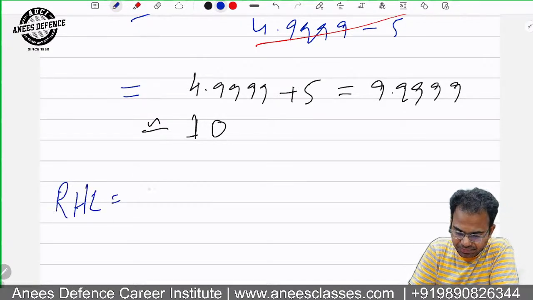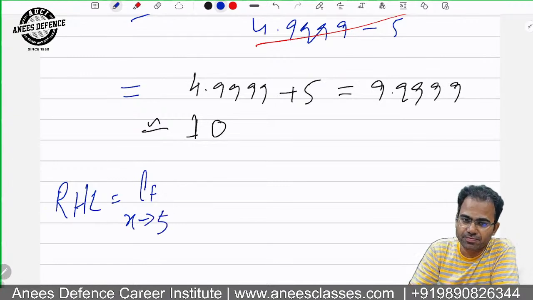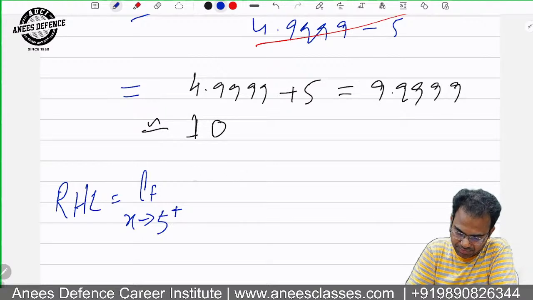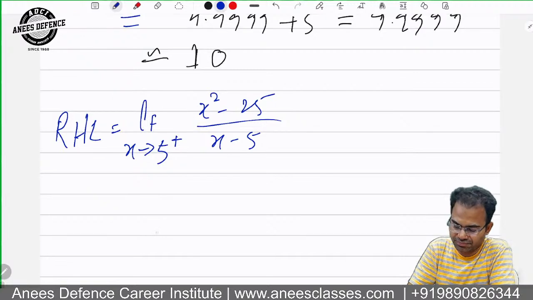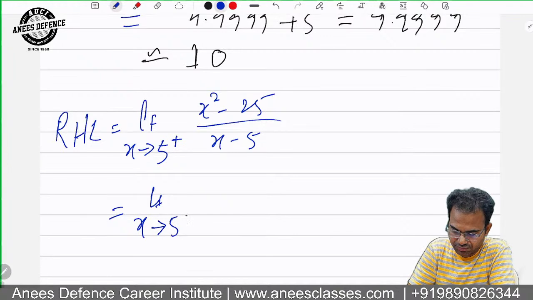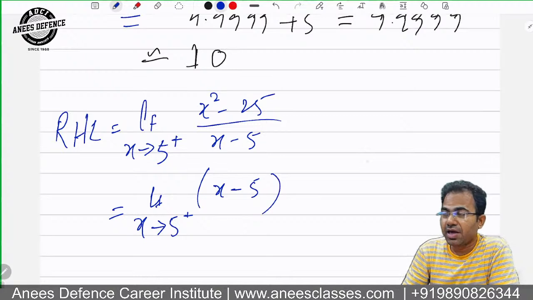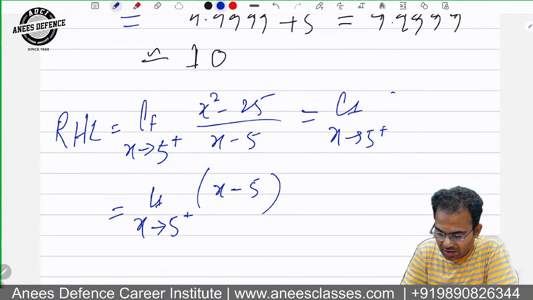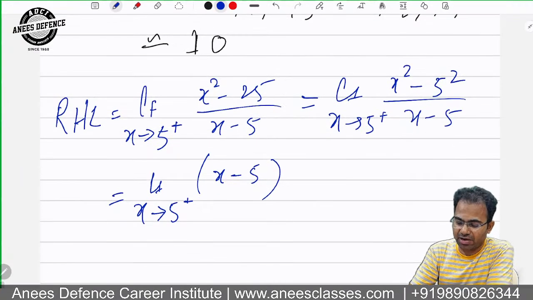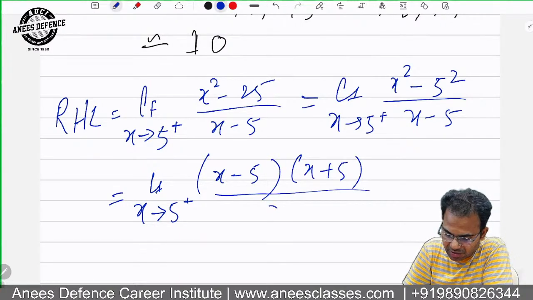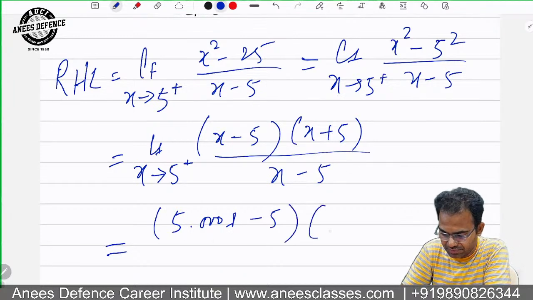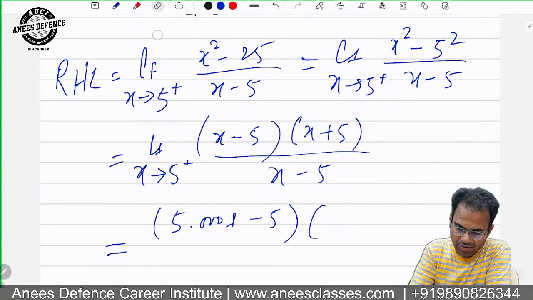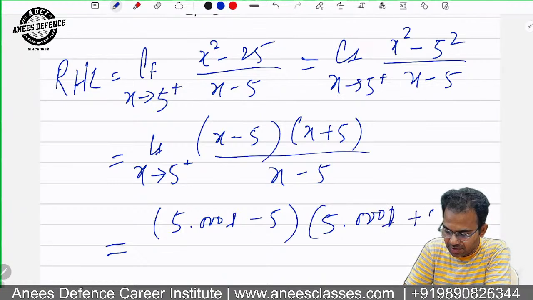Now RHL: limit x tends to 5 plus of (x square minus 25) upon (x minus 5). 25 is 5 square, so a square minus b square gives (a minus b)(a plus b) upon x minus 5. 5 plus means I can put 5.001 minus 5, and 5.001 plus 5.